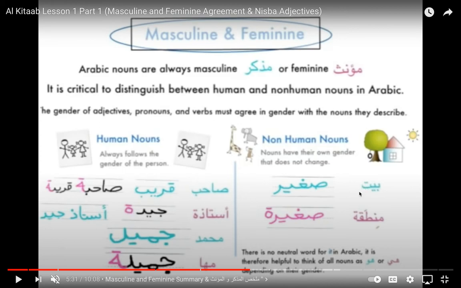No, this ta is part of the root of the noun bait. It's like the S is part of the word house. Here the same thing. So bayta, they are the base form of the word. They are the root of the noun bait, which means a house.